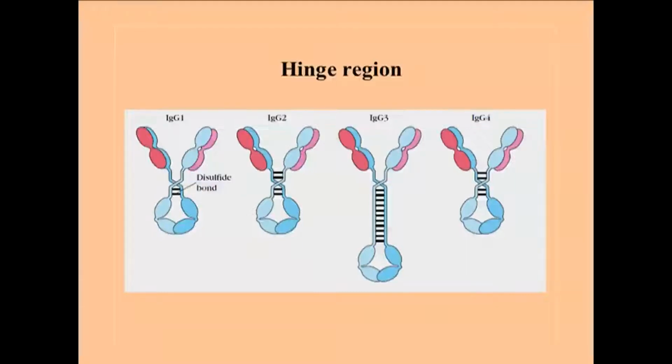In IgG3, there are 11 interchain disulphide linkages present in the hinge region. Thus, the hinge region is quite long here. In case of IgG2 and IgG4, there are 4 disulphide linkages present, whereas in case of IgG1, there are only 2 disulphide linkages present at the hinge region. And due to these structural changes, their properties also differ.